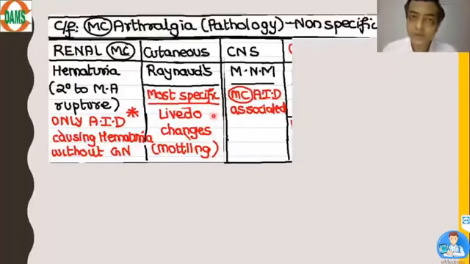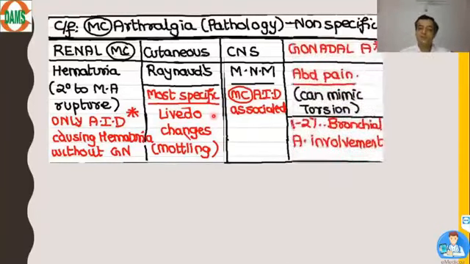So if you remember, in scleroderma we said the patient can come with Raynaud's phenomena. The patient can come with hematuria due to renal involvement, and can also develop mononeuritis multiplex. That is why PAN can look like lupus disease.